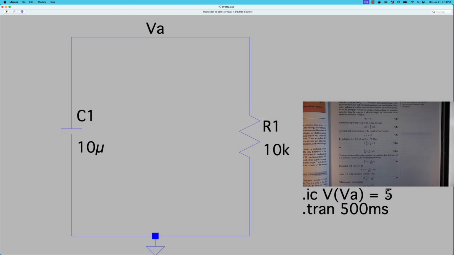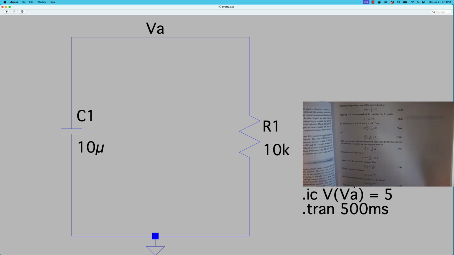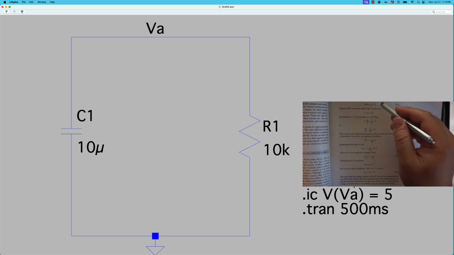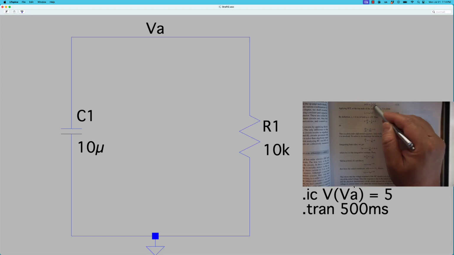So we're going to run the simulation, but of course I wanted to go over the formula. It might be a little bit confusing for some that have not gone over the calc series or differential equations.